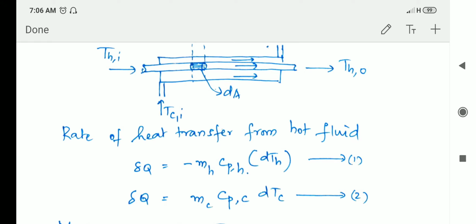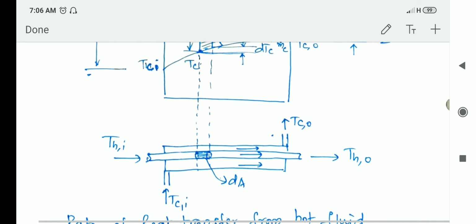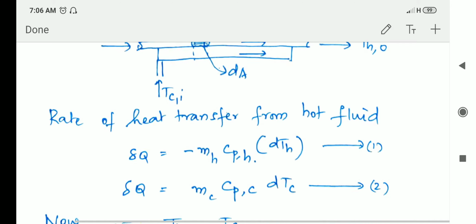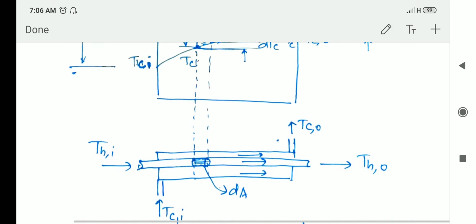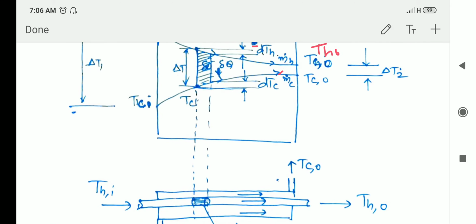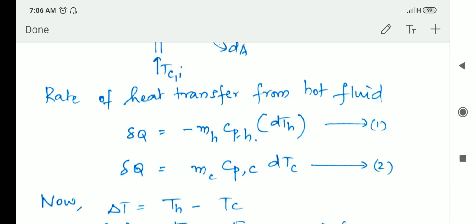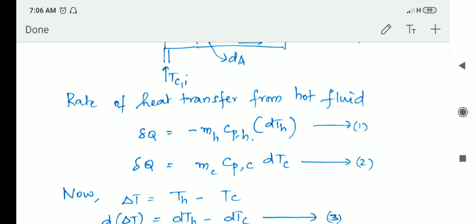Why is there a negative sign? Because dTh is negative, therefore it is minus mh Cph dTh. Similarly, whatever heat is lost by the hot fluid is accepted by the cold fluid, so del Q equal to mc Cpc dTc. This comes as the second equation.